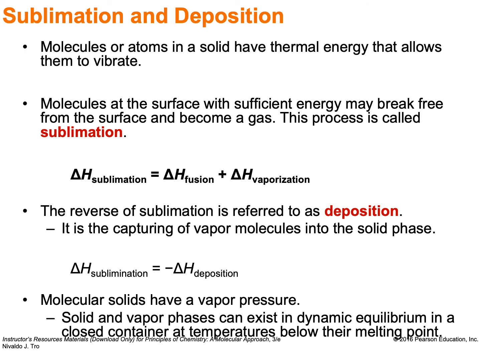When a solid goes directly from a solid phase to a gas phase, it bypasses the liquid phase, but the amount of enthalpy change, the heat of sublimation required, is the sum of the heat of fusion plus the heat of vaporization. So it takes the same amount of energy, although in practice you don't see it converting from gas to liquid to solid. It simply goes from gas to solid. The opposite often takes place, the reverse, and that's called deposition. It's the capturing of vapor molecules from a gas to a solid.